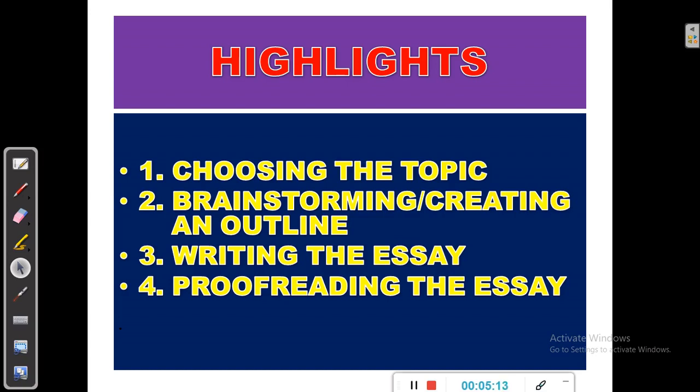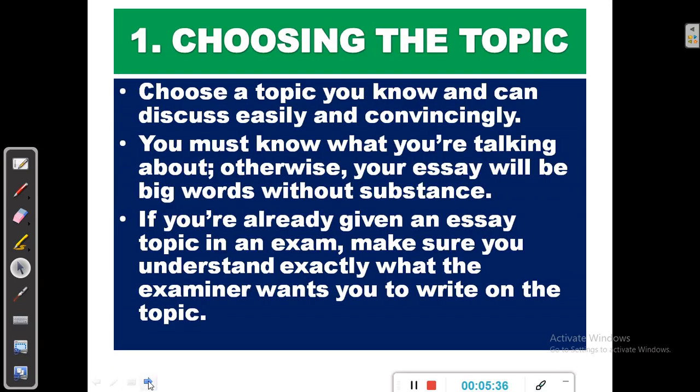These are the 4 easy steps, the 4 simple steps that you need to take in order to write any type of essay and write a very convincing one for that matter. So let's look at these steps one after the other.